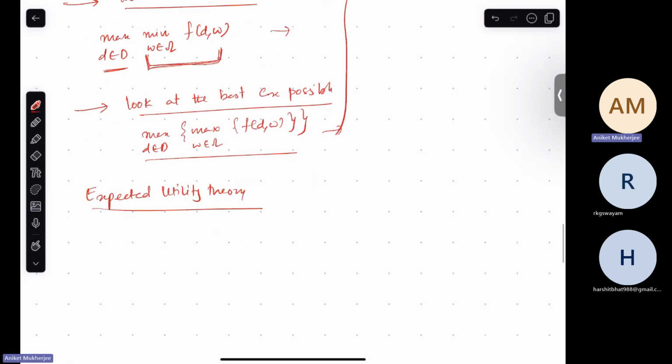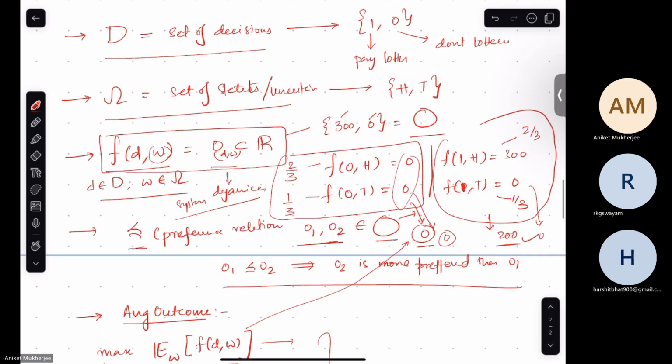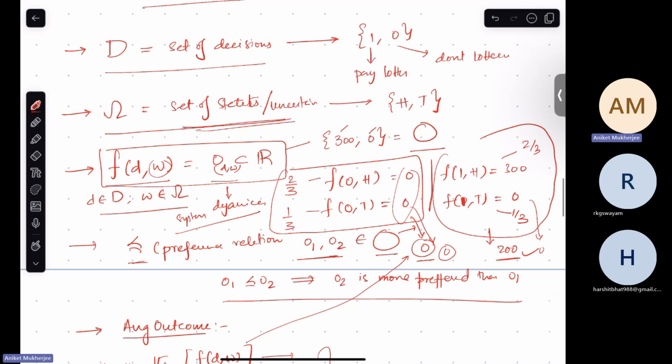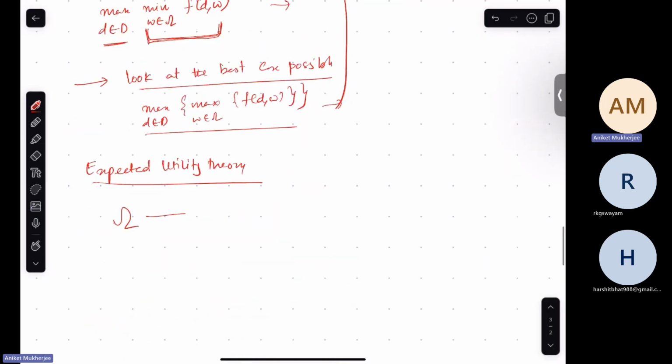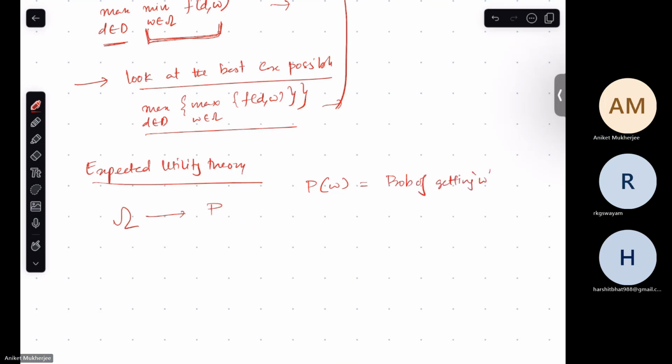Before going into expected utility theory, I just want to mention that you have the omega, the set of states of uncertainty. They have an underlying probability distribution among them. That probability distribution I'll call P. So P of omega gives me the probability of getting omega in the system.